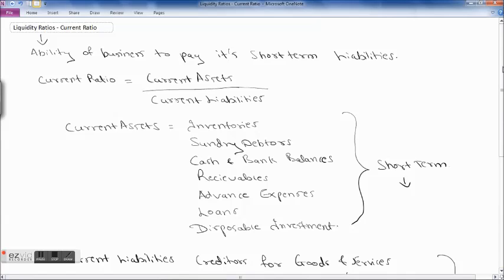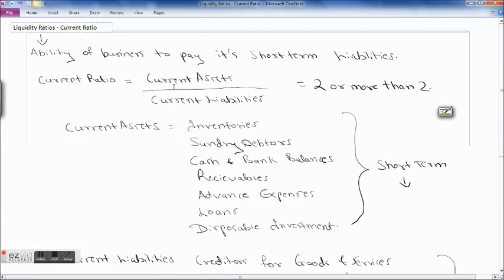It will show how much percentage of current assets there are as compared to your current liabilities. So your current ratio ideally should be 2 or more than 2. If your current ratio is 2, what does it imply?